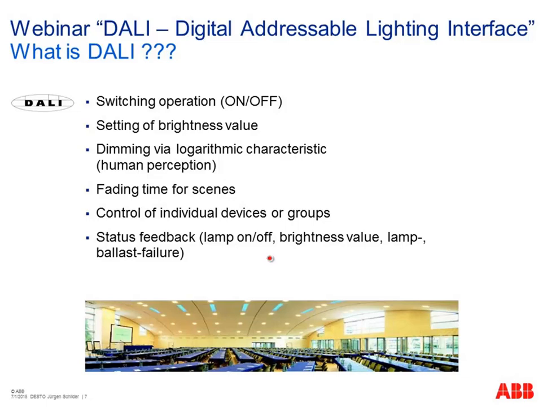So this can be sent as feedback on DALI, but furthermore to any superior building automation system like KNX, where it can be evaluated, displayed, and of course you can react much more easily with this information.